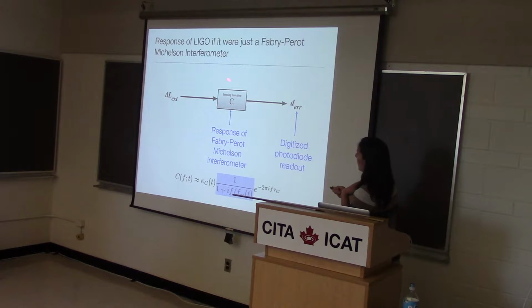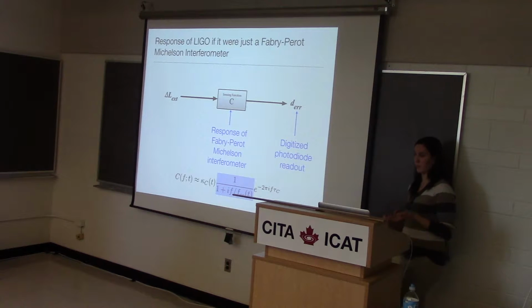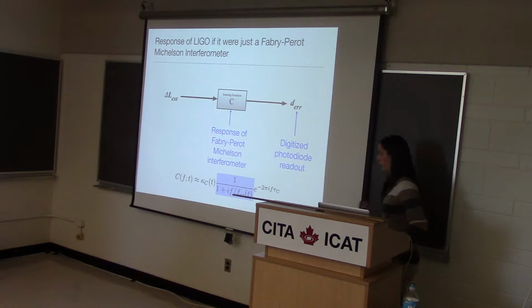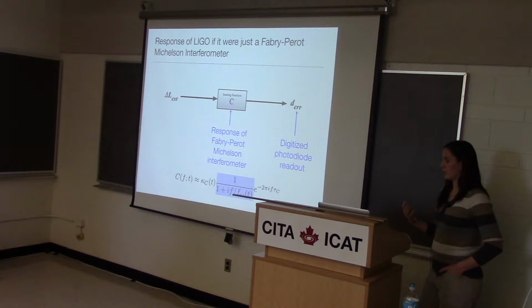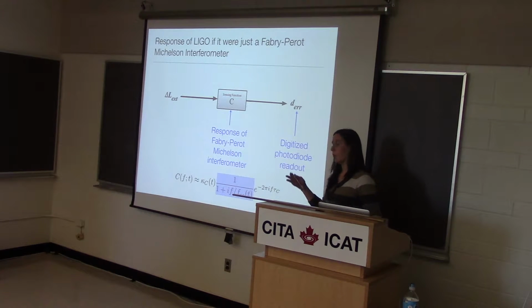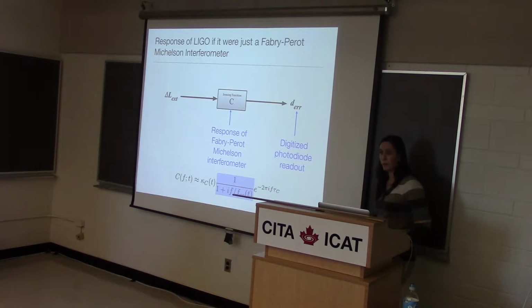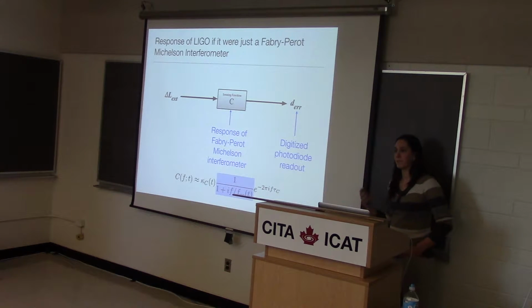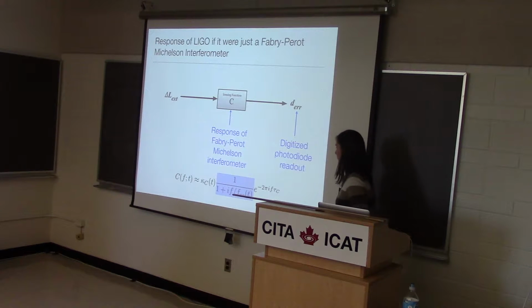What we need to model for calibration is what exactly this response is. And the response of just the Fabry-Perot cavity is what we call the sensing function. So we do pretty well by just modeling the response of the whole interferometer as the response of the Fabry-Perot cavity, which you can just think of as a single pole low pass filter, where your pole is sitting at what we call the cavity pole, and that's just roughly 1 over the light storage time in the arms.